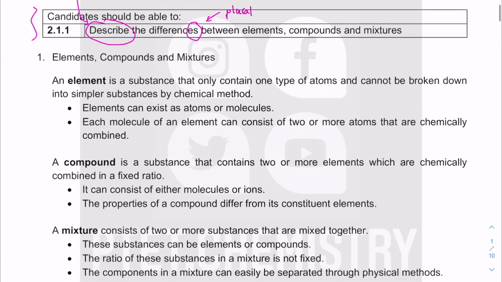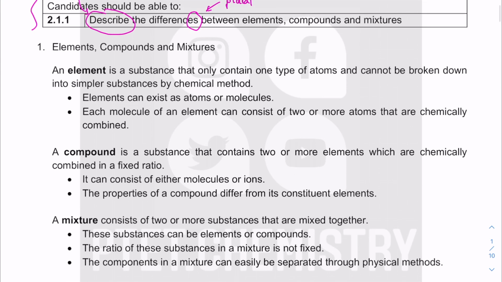So to begin with, we need to think about the definition for each of these: element, compound, and mixture. From your lower secondary, you will have heard of an element. An element is basically whatever you find in the periodic table. So what is the definition of an element? It's a pure substance. It contains only one type of atom, or some books will say one kind of atom.